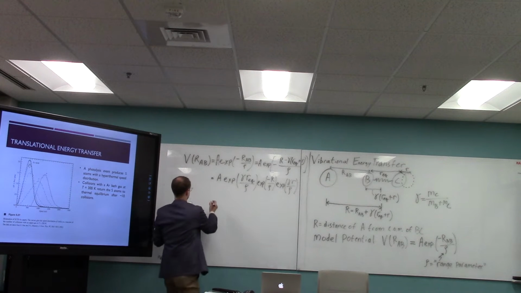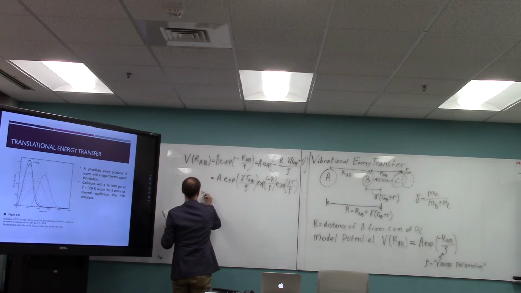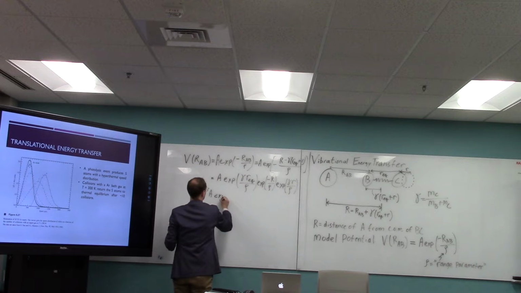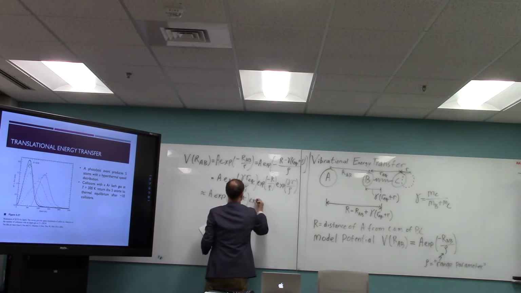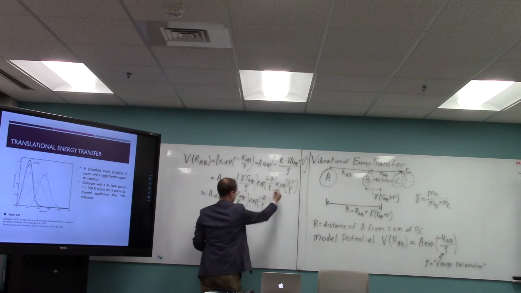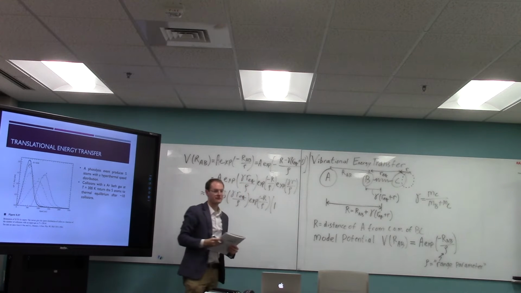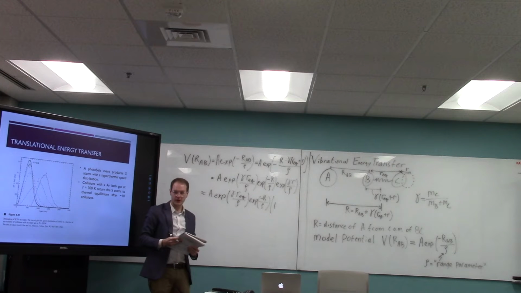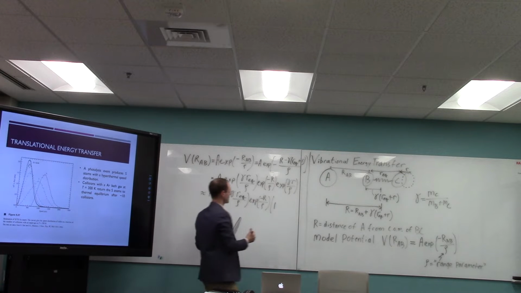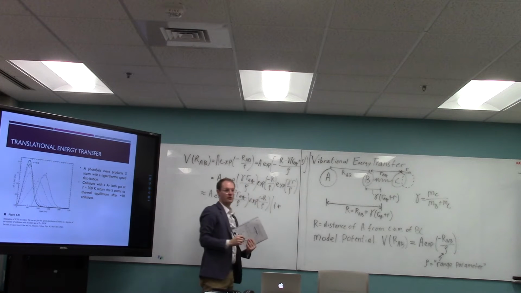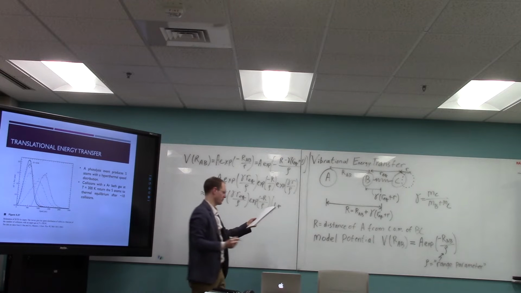And so therefore we can say this potential is approximately equal to A times exponential of gamma R equilibrium over rho times exponential minus R over rho times the Taylor series. And the Taylor series of exponential of x, if x is small, is 1 plus x plus dot dot dot. So assuming r is very small, we'll use only the first and second term of the Taylor series.